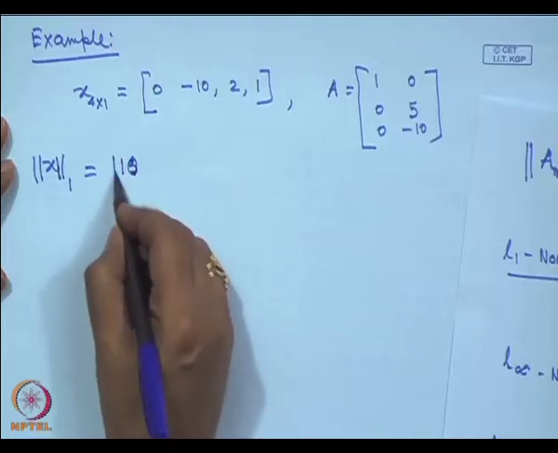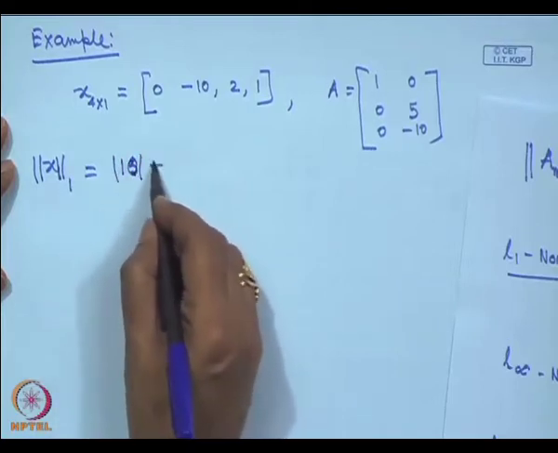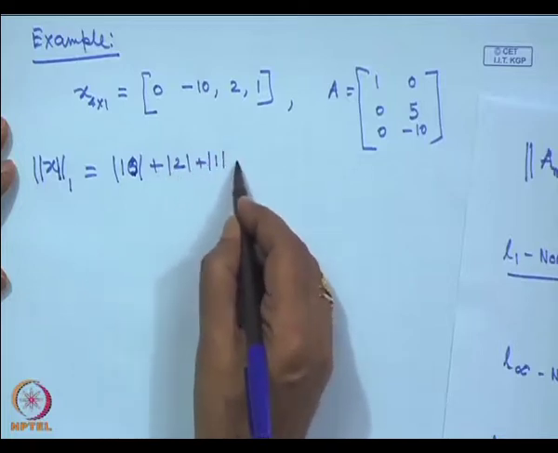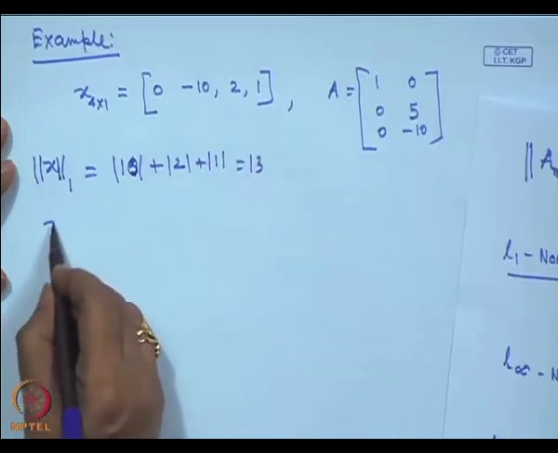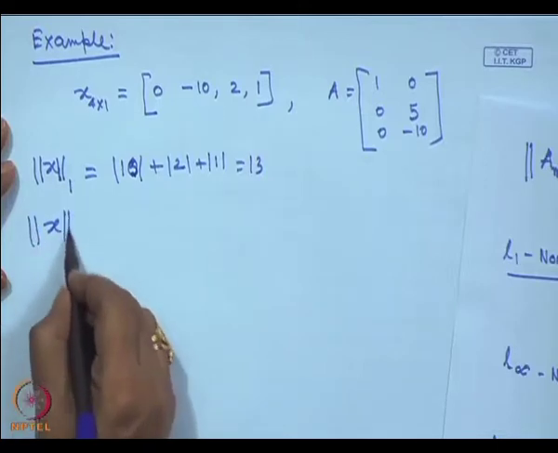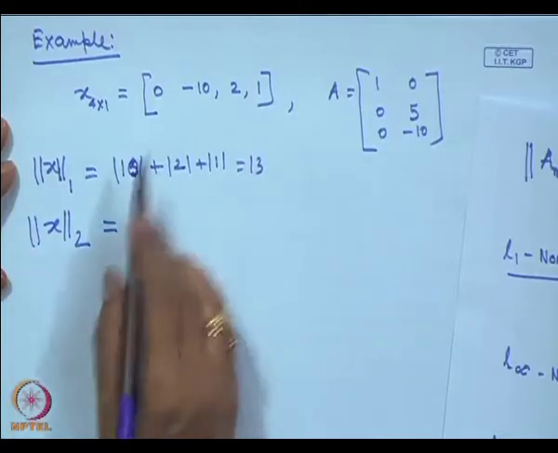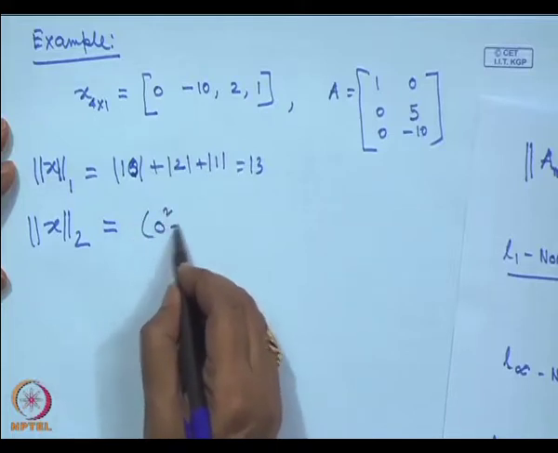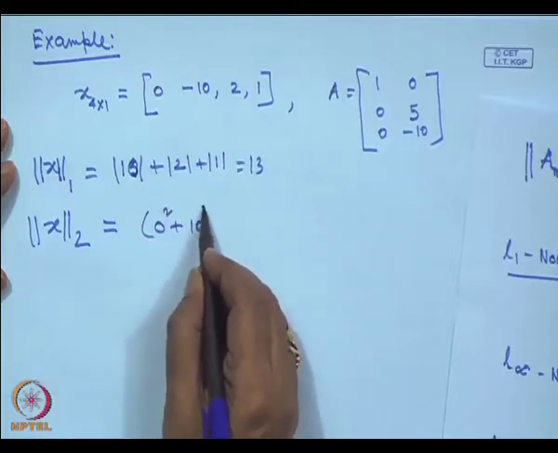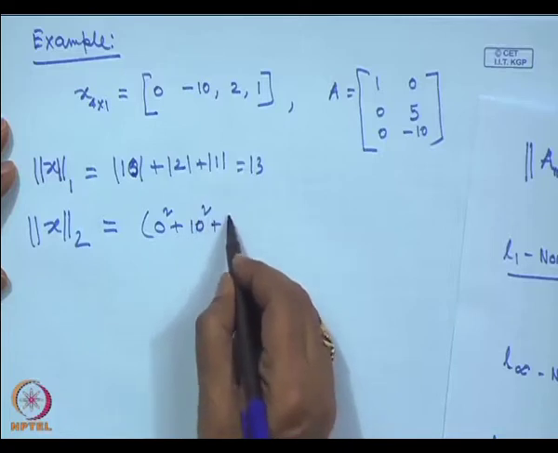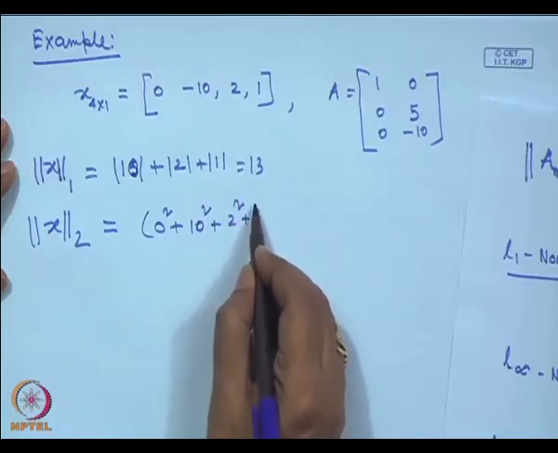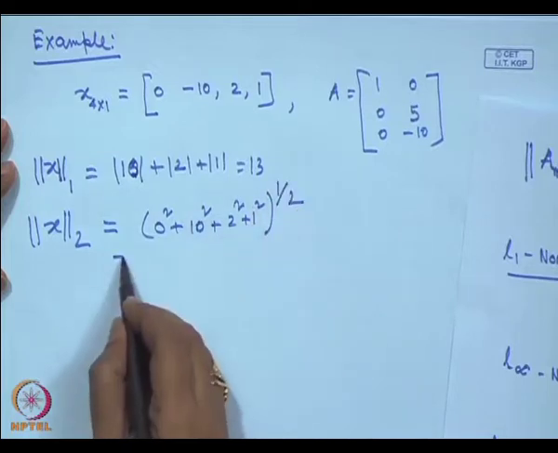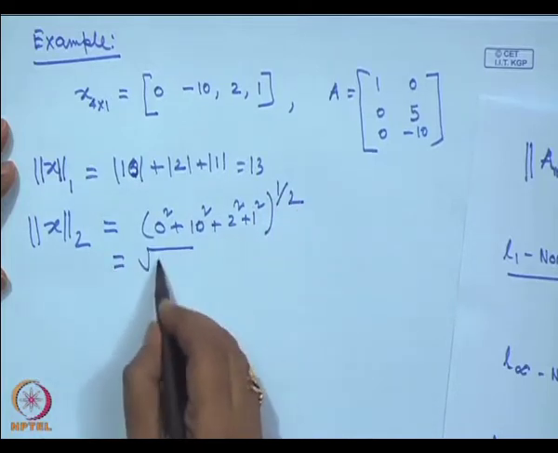Then the x2 norm is the square root of 0 square plus 10 square plus 2 square plus 1 square, that will come root over 105.